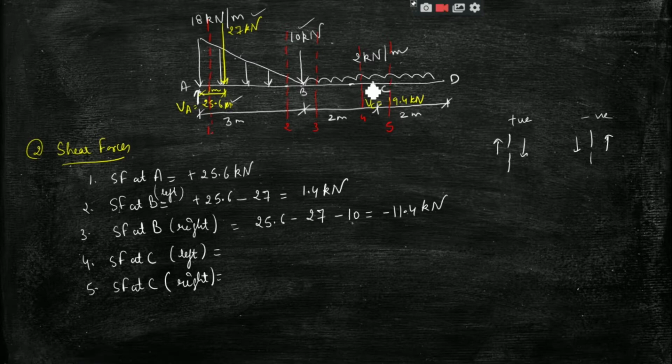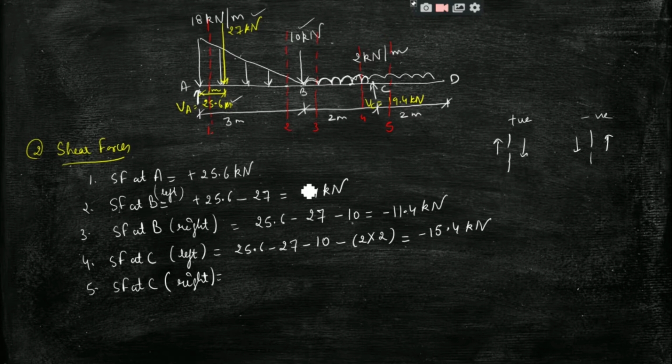If we look at the left hand side of section number 4, we have these three forces plus an additional UDL of 2 kilonewton per meter, acting up to a length of 2 meter on the left hand side of C. So 25.6 minus 27 minus 10 and minus 2 into 2, because this is a UDL acting over 2 meter length. So we will get minus 15.4 kilonewton.